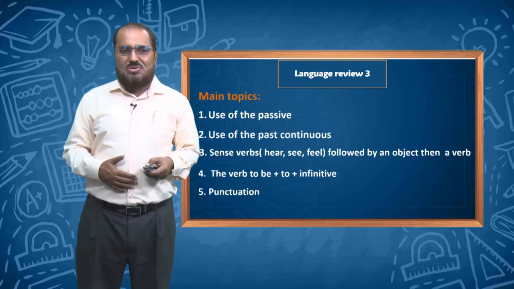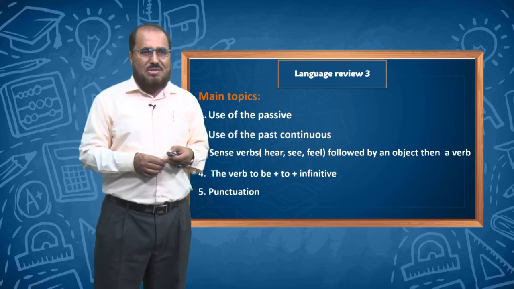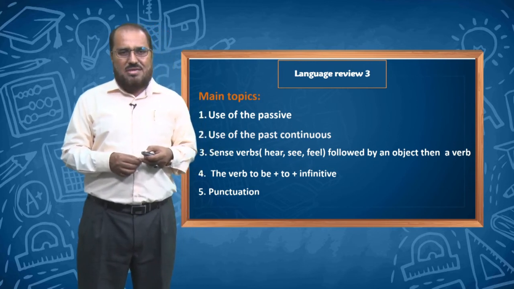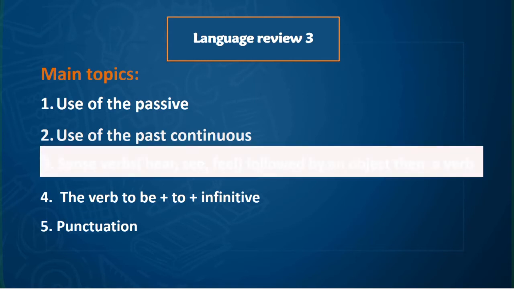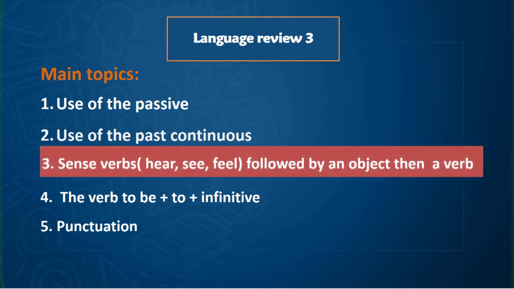Let's now go to point number 2 or number 3 in today's lesson. What's next? Sense verbs followed by an object, then a verb. Sense verbs here are see, hear, feel, smell. Okay, these are sense verbs, related to the five senses.